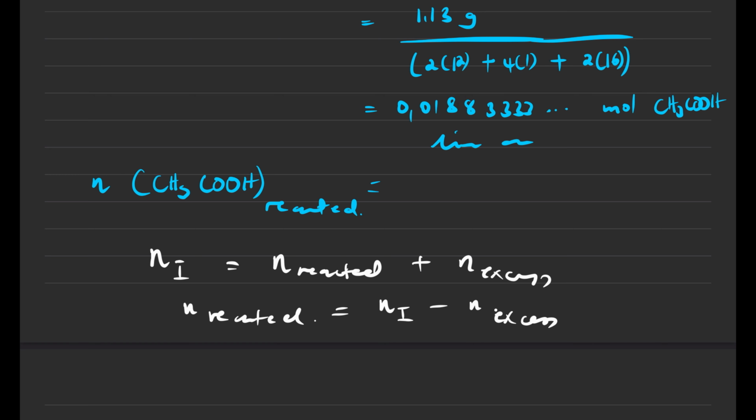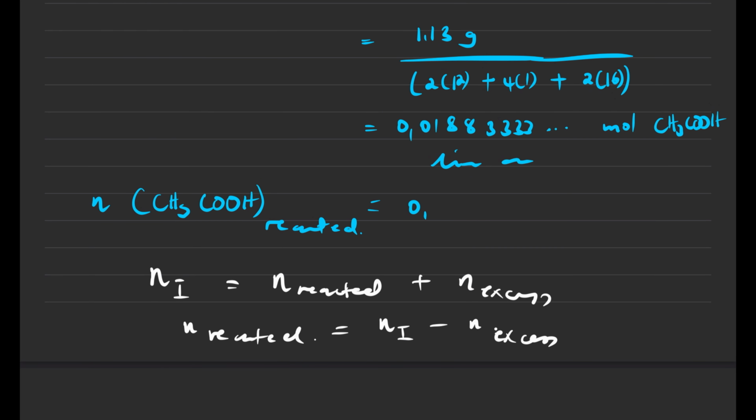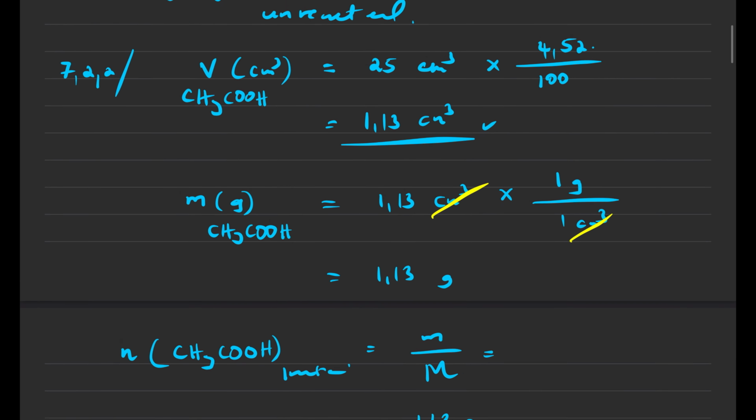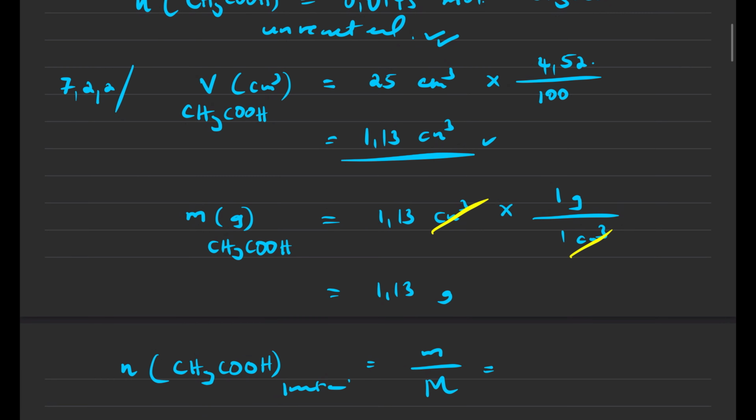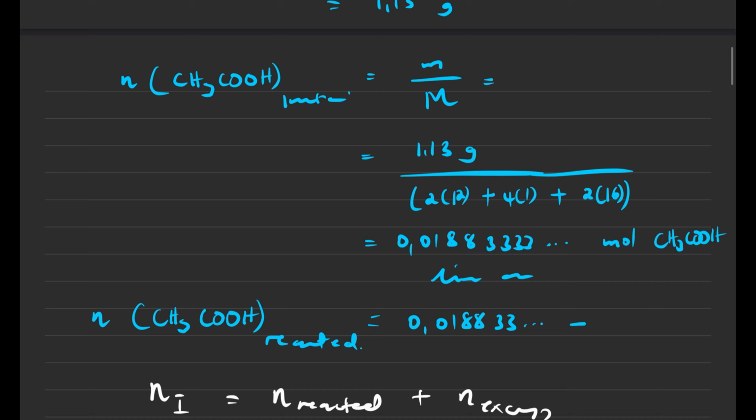All right. Then if you look over here, your initial amount is 0.018833 whatever, minus the excess amount, the one that you calculated here, the amount which did not react, 0.0145. You might want to save that value in the calculator.